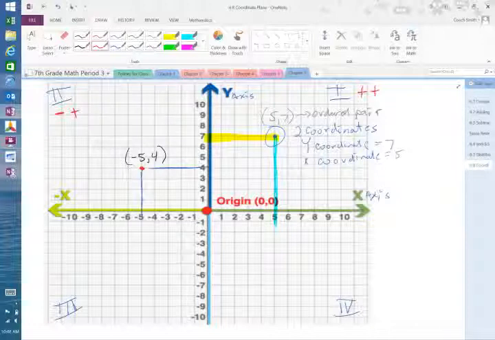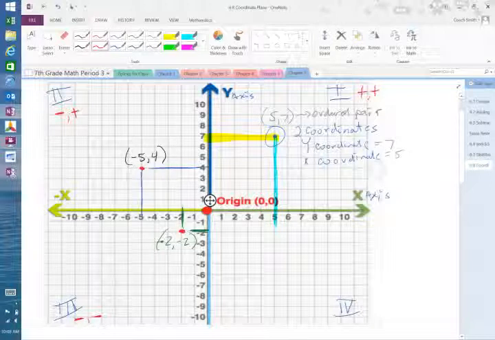As we look in quadrant 3, we'll put it right there. Well, where it crosses the x-axis is at -2. Where it crosses the y-axis is -2. So -2 and -2 are the coordinates there. So in quadrant 3, it's going to be negative and negative are your coordinates.